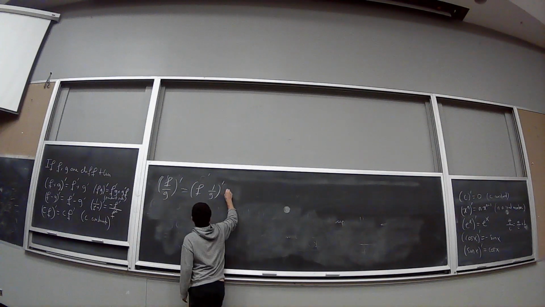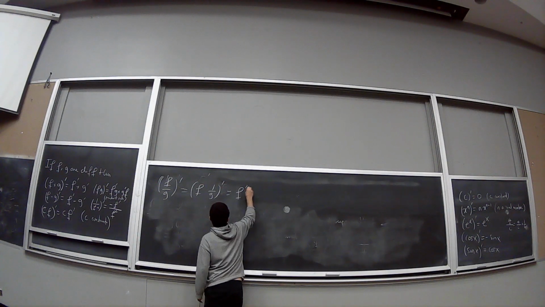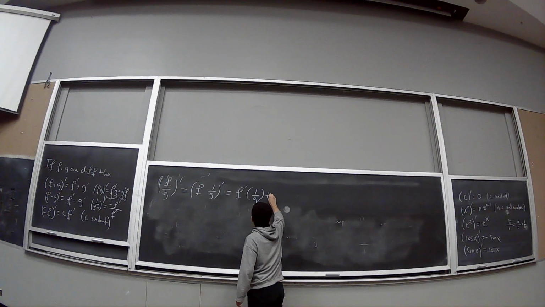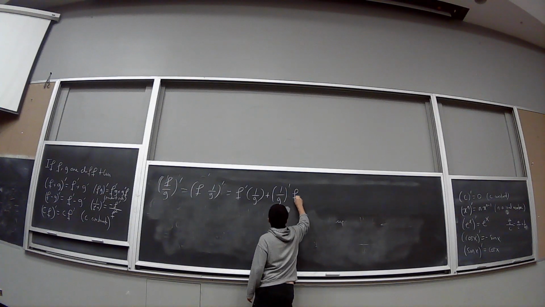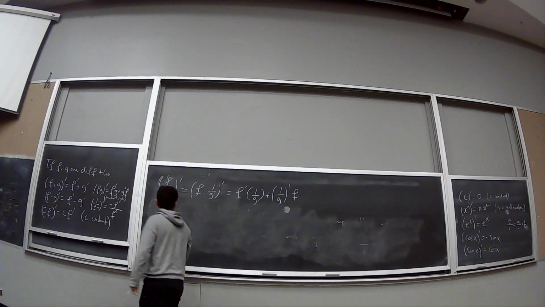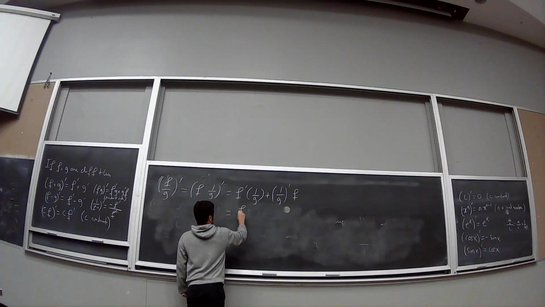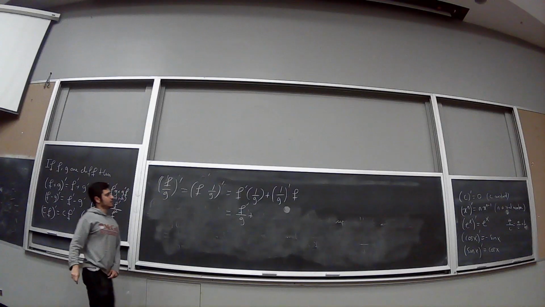Now let me take a derivative. This is just f prime times 1 over g, plus 1 over g prime times f. Let's write this. So this is f prime over g plus, what's the derivative of 1 over g?